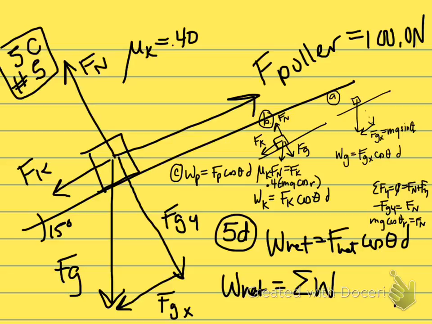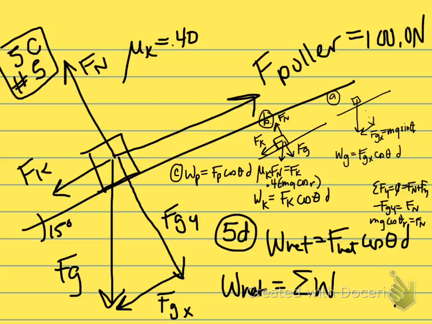Now, it's nice the way this problem is set up because you have to do part A, part B, part C, and then you have part D, and you can add them all up. What would be really mean is just giving you the setup and then taking you straight to part D, having not figured out the work done on each of them. And then you would just do the net force probably and go from net force. But if you've already gotten all the pieces of the work, gee, it's easy to add those.